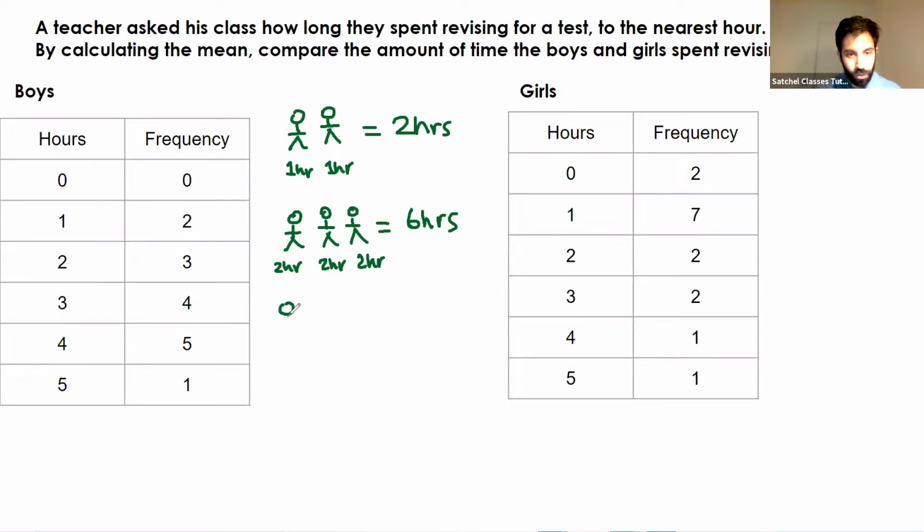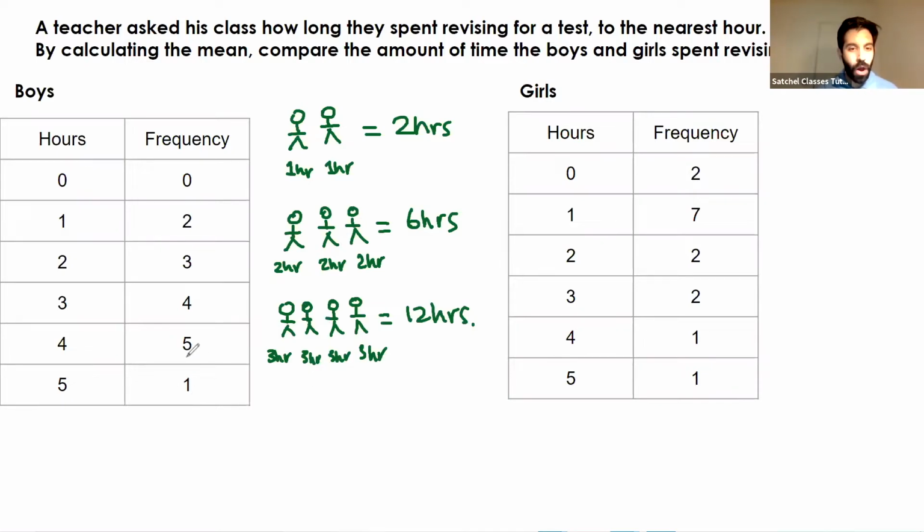So again, we can draw 4 boys who studied 3 hours each. So that's going to be 3, 6, 9, 12 hours in total.